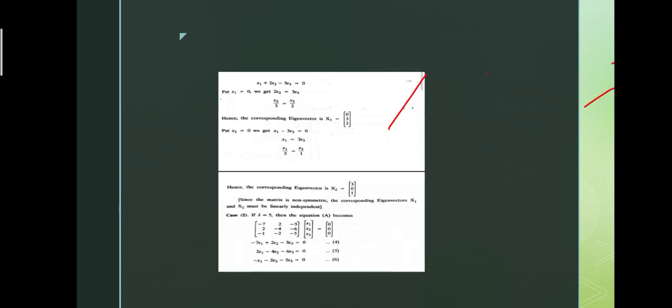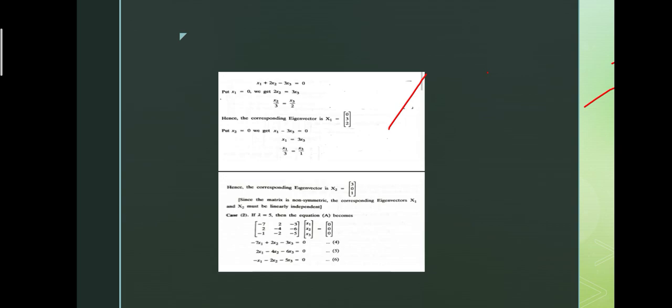x1 + 2x2 - 3x3 = 0 is the first equation. 2x1 + 4x2 - 6x3 = 0 is the second equation. -x1 - 2x2 + 3x3 = 0 is the third equation. Hence the first, second and third are the same equation: x1 + 2x2 - 3x3 = 0.